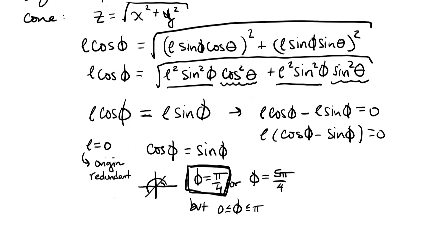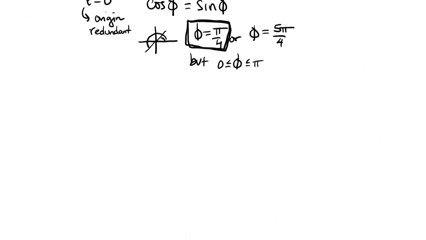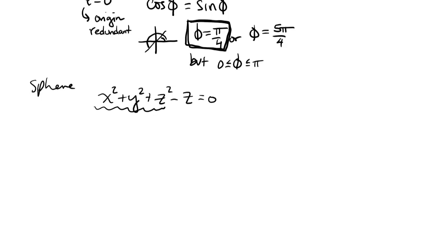So we've got x squared plus y squared plus z squared minus z equals 0. So if we sub things in, this first part, x squared plus y squared plus z squared, is just rho squared, and then z is rho cosine phi, and then that whole thing equals 0.